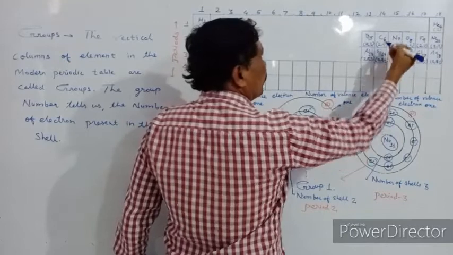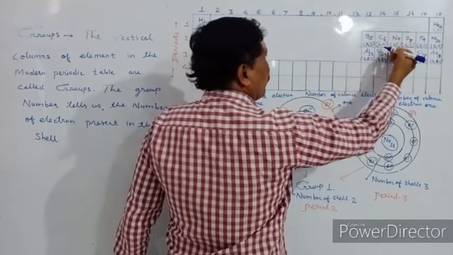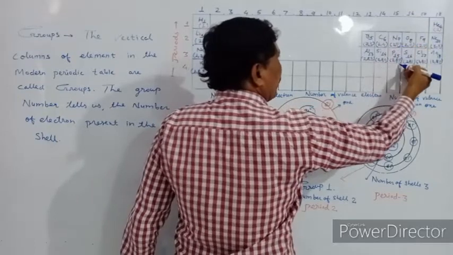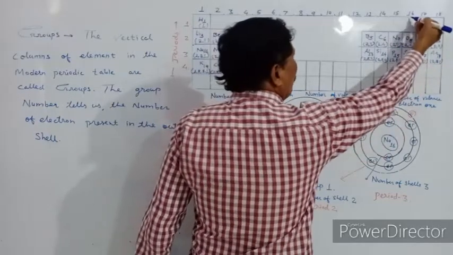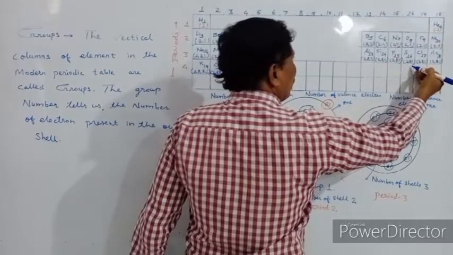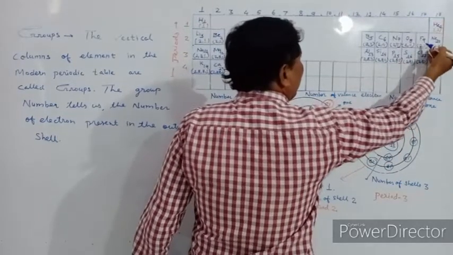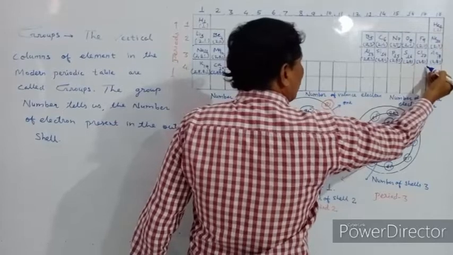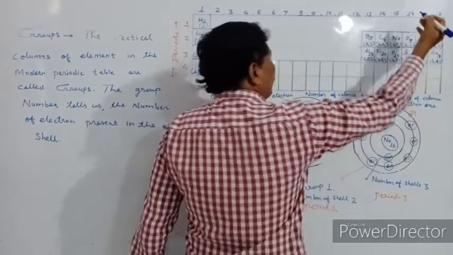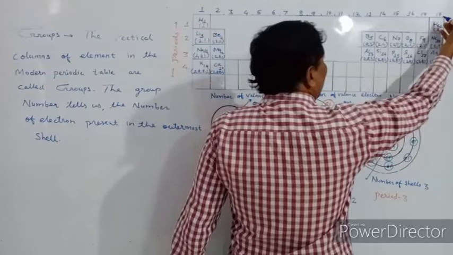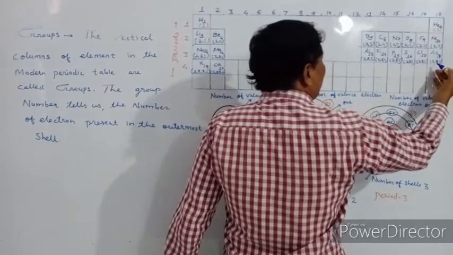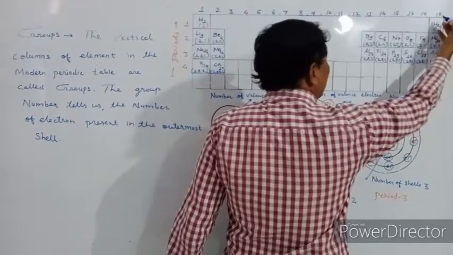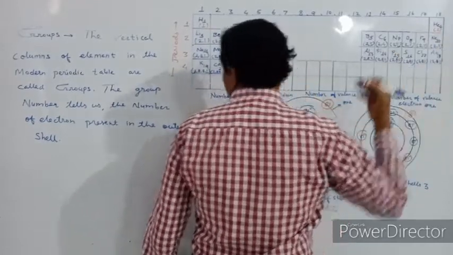Group 14 will have 4 electrons. Group 15 will have 5 electrons. Group 16 will have 6 electrons. And group 17 will have 7 electrons in the outermost shell. Group 18 has the electronic configuration completed, so we can consider the outermost shell to have 0 electrons.